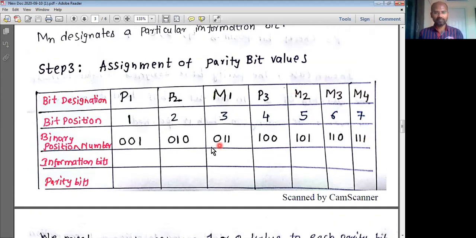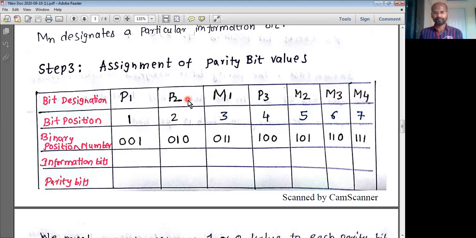Okay. Now what we have to do is, in this table, what are the knowns and what are the unknowns? What are the knowns? Message bits are given. We know what is to be transmitted. M1 we know, M2 we know, M3 we know, M4 we know. So the knowns are the message bits. What are the unknowns? Parity bits are to be added. In the first step, we calculated how many parity bits are to be added.